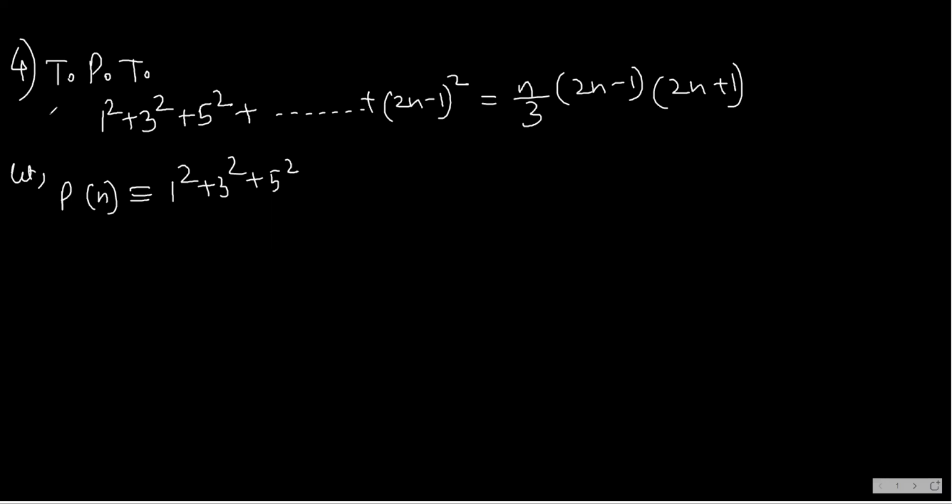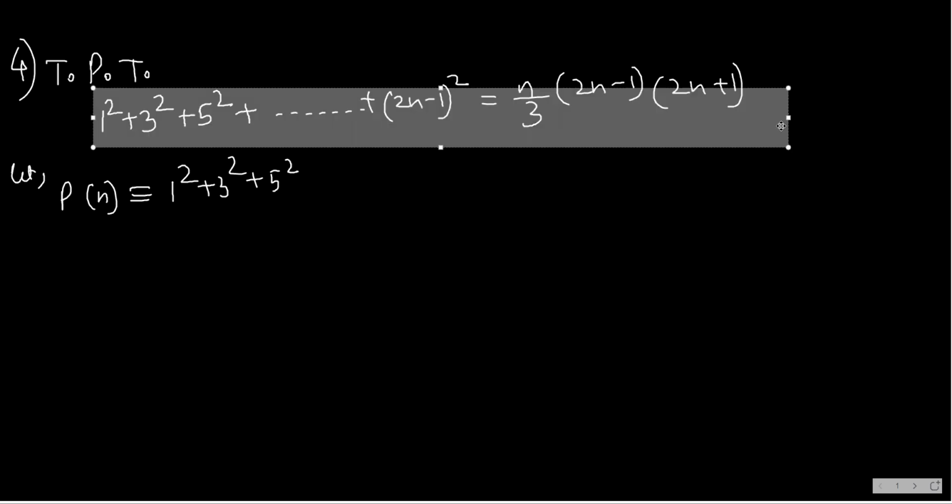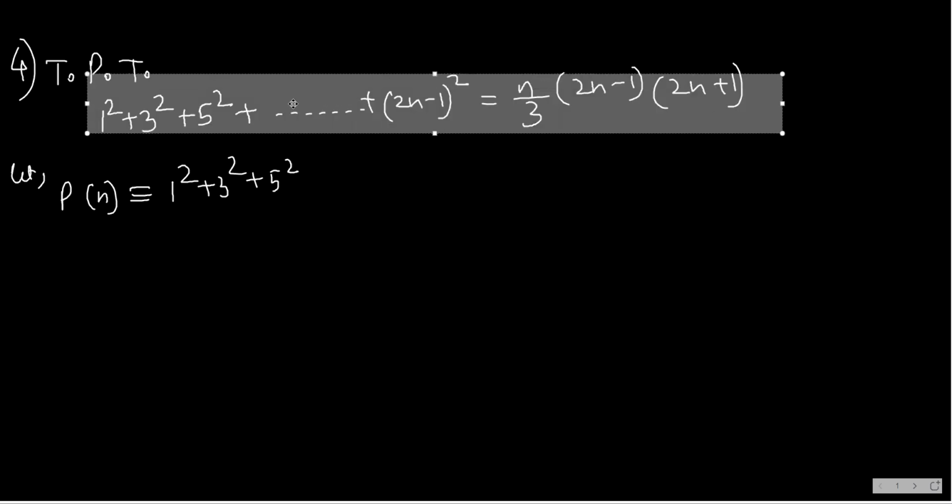So question number 4, we have to prove this proposition, wherein the left hand side is 1 square plus 3 square plus 5 square plus dot dot dot 2n minus 1 square, and on the right hand side we have n by 3 into 2n minus 1 into 2n plus 1.